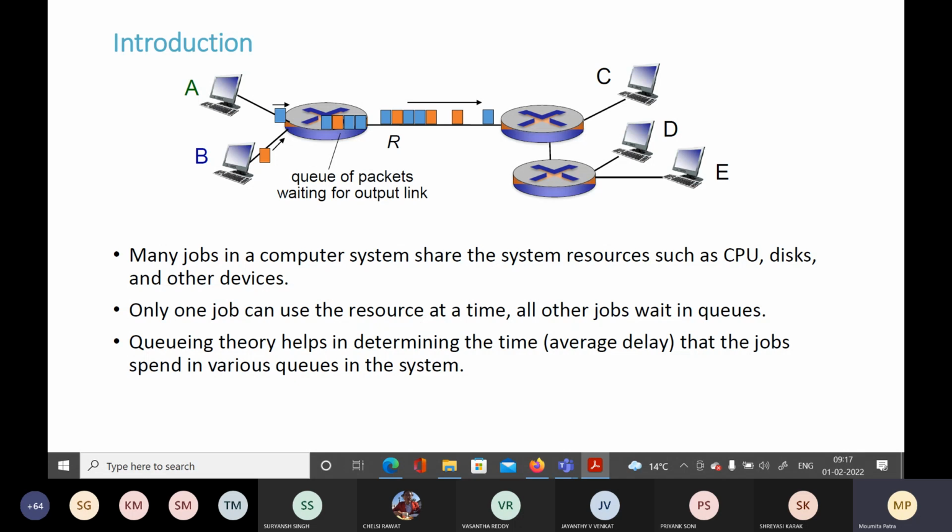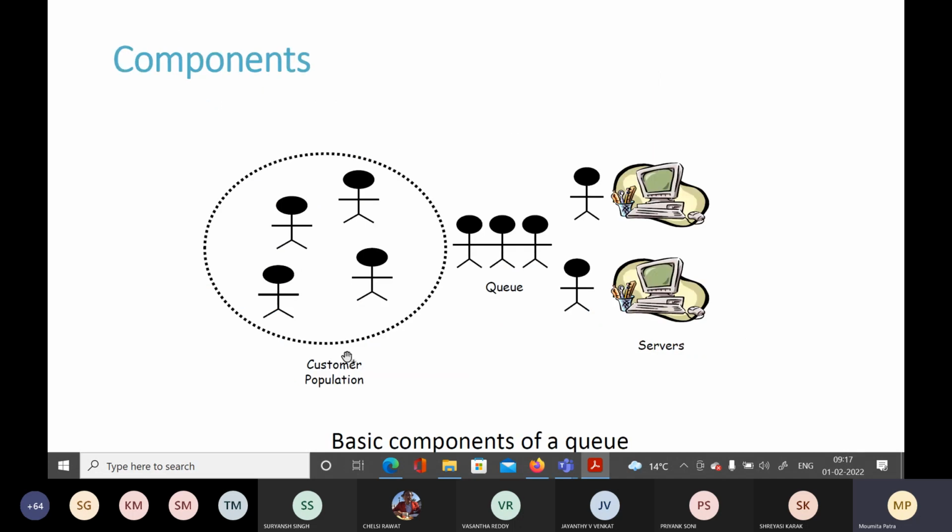We saw this example yesterday too: a customer population from which customers enter the system, form a queue, and then go to different servers to get served with whatever request they have. How much time they spend in the server depends on the size of the job they have come with.